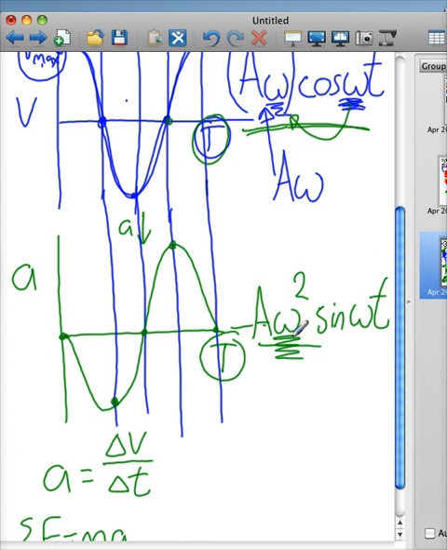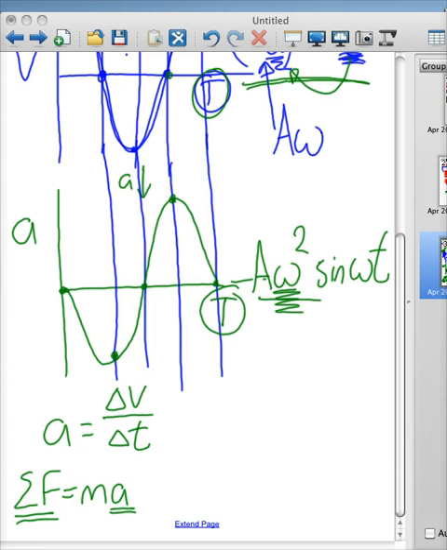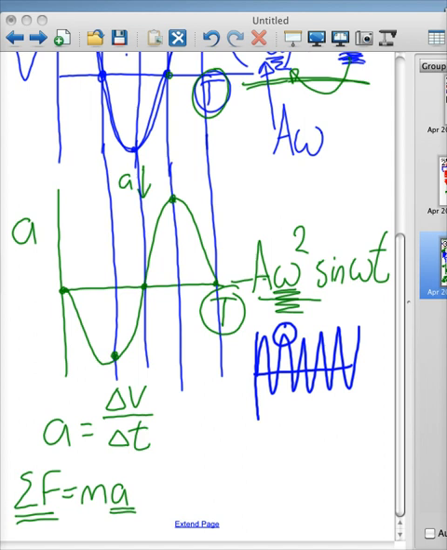If you imagine a big omega value, you've got a situation where it's going up and down very fast. If it's doing that, you can imagine that here, when it's changing its velocity and its direction so fast, we must have a large acceleration. And the acceleration is actually proportional to omega squared.